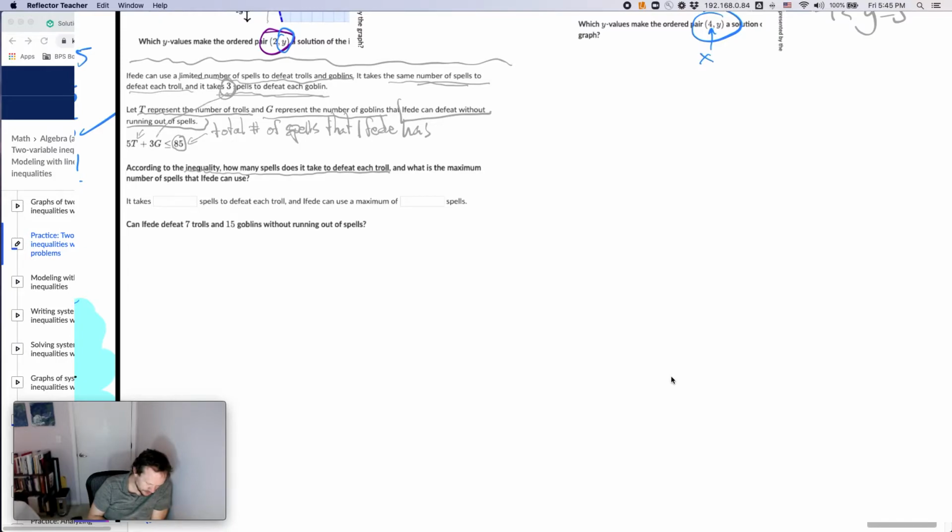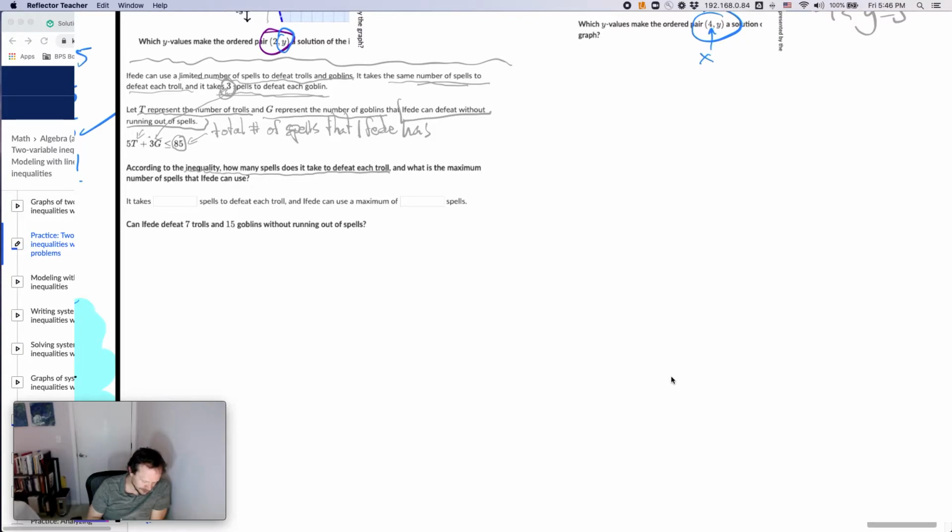And if I look at this 3 and this 3 here, I know that if I was to consider a different or equivalent inequality, and I was to multiply both sides of this by 2 to get 10t plus 6g less than or equal to 170, then the coefficient of g would not match this 3.